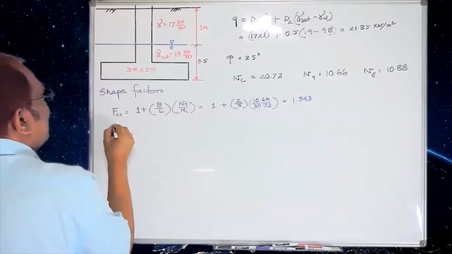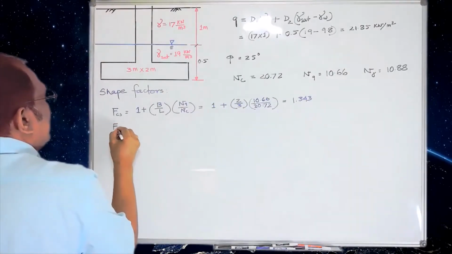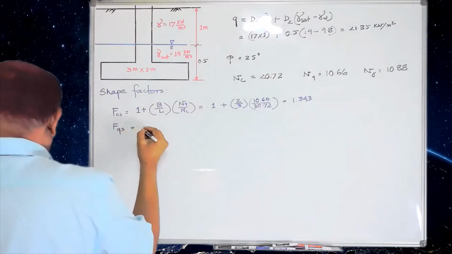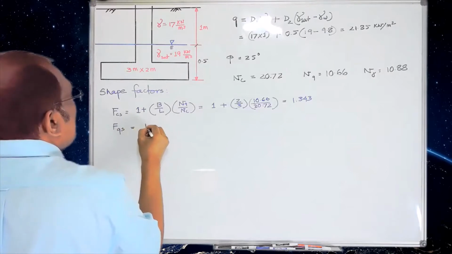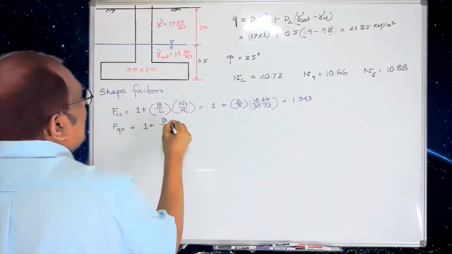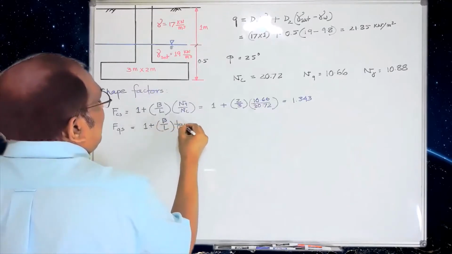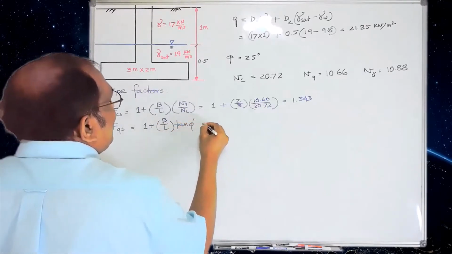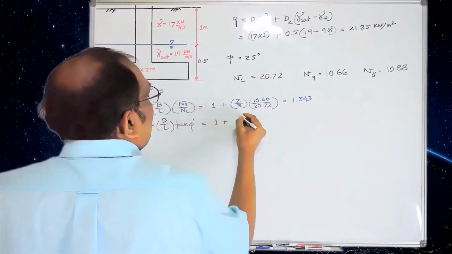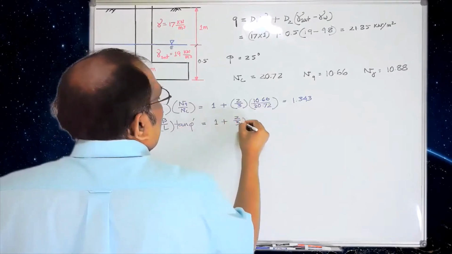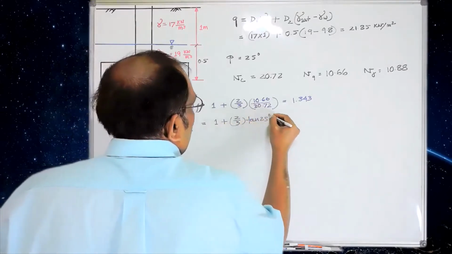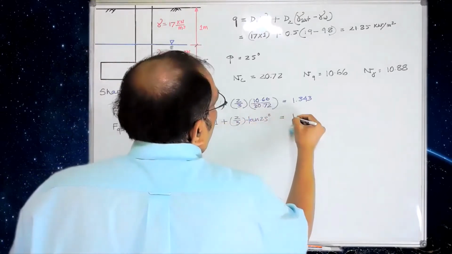Similarly, we can find our FQS, which is basically 1 plus B by L into tan phi prime. So that's 1 plus 2 by 3 tan 25 degrees. That's actually 1.31.